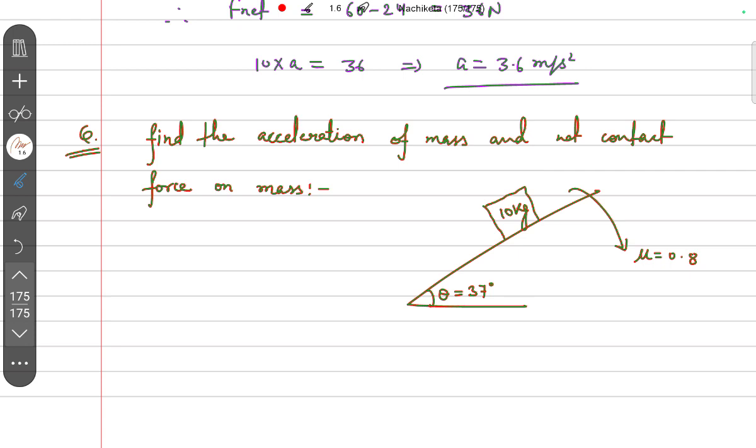Yeah, so this is the question. You have to find out net contact force and acceleration. And of course, friction also.